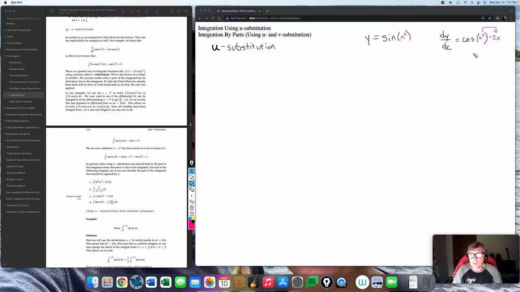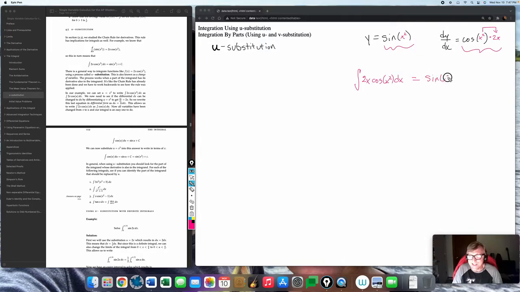So if this is the derivative of this, then it must be the case that if we were to integrate this big thing, and I'll put the 2x in front, 2x times the cosine of x squared with respect to x, then that would be the reverse derivative called the antiderivative.